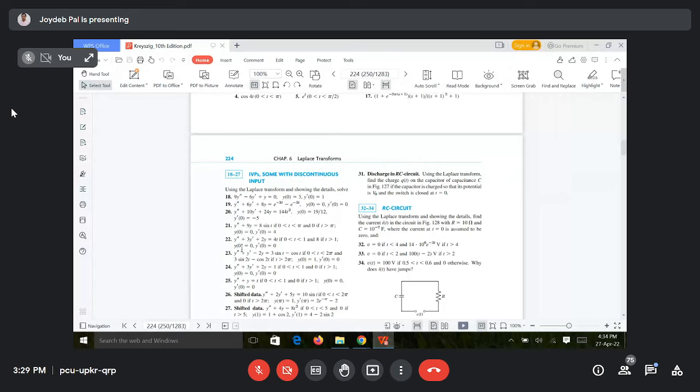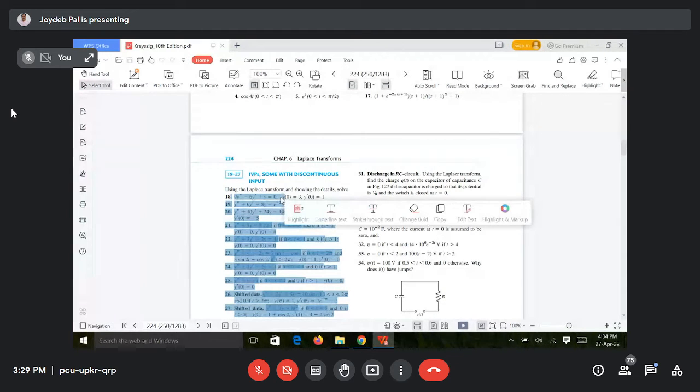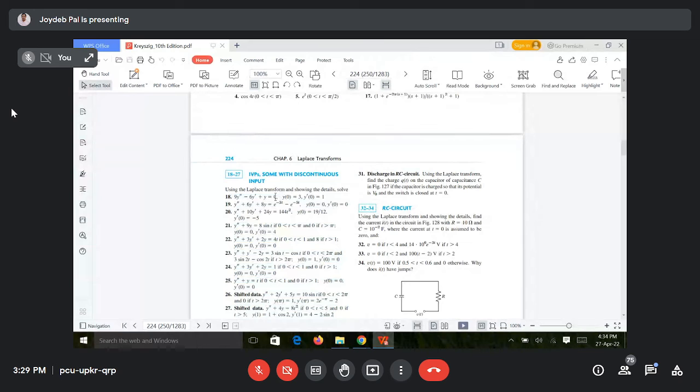Now, for problem number 19 there is no use of the Heaviside function because R(x) is 0, so there is no difference from the previous chapter's problems. It is similar to 6.2, and for 19 also there is no such R(x), so it is not related to the Heaviside function. So it is also related to the previous chapter. You can solve it.